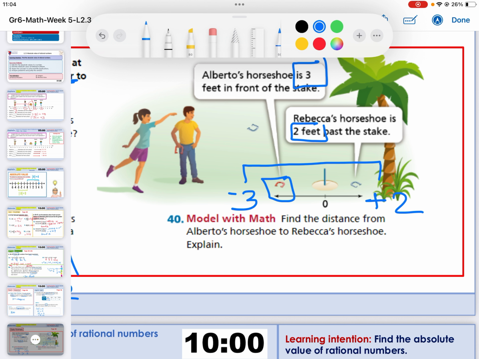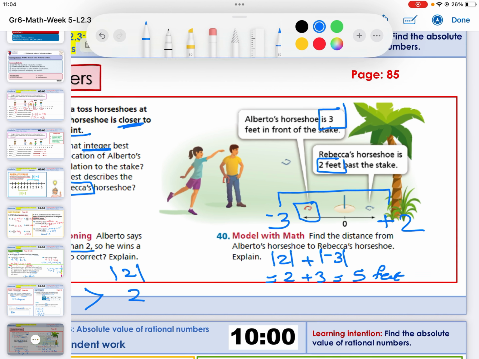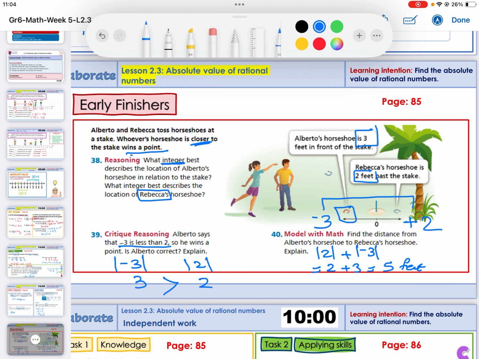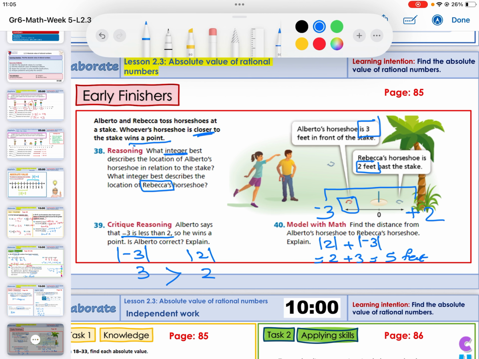The easiest way is just to take the absolute value of 2 plus the absolute value of negative 3, just add them, find the total distance. So that will be 2 plus 3, that will be 5 feet. So the total distance will be 5 feet.